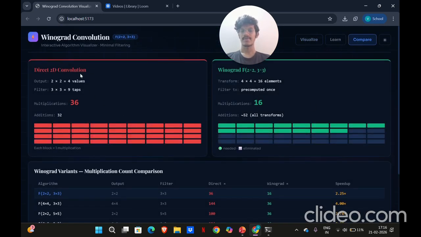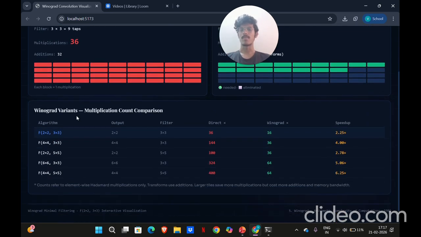So here we can see using direct 2D convolution, we've got 36 multiplications with 32 additions. Multiplication cost is higher than addition cost. So even though additions are higher in this, there are fewer multiplications and hence it's computationally more efficient and faster. And here we can see how much faster it is compared to direct convolution.